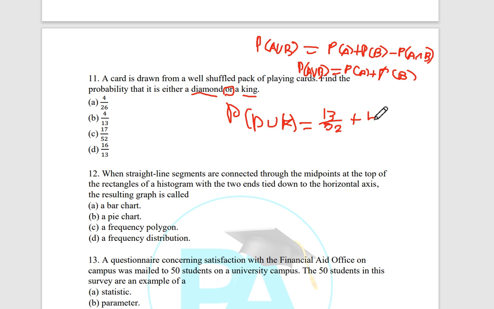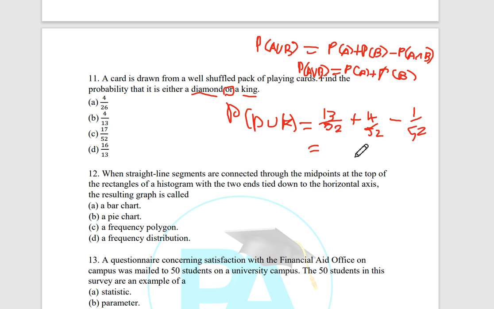So we say 4 divided by 52 again. Total number of cards is 52, isn't it? Minus the intersection. What's the intersection? The intersection is 1, right? So 1 over 52.